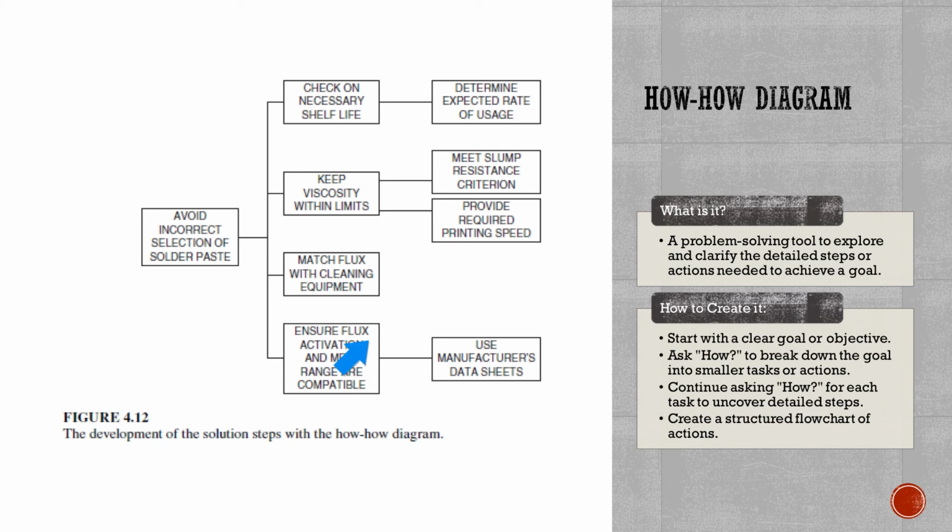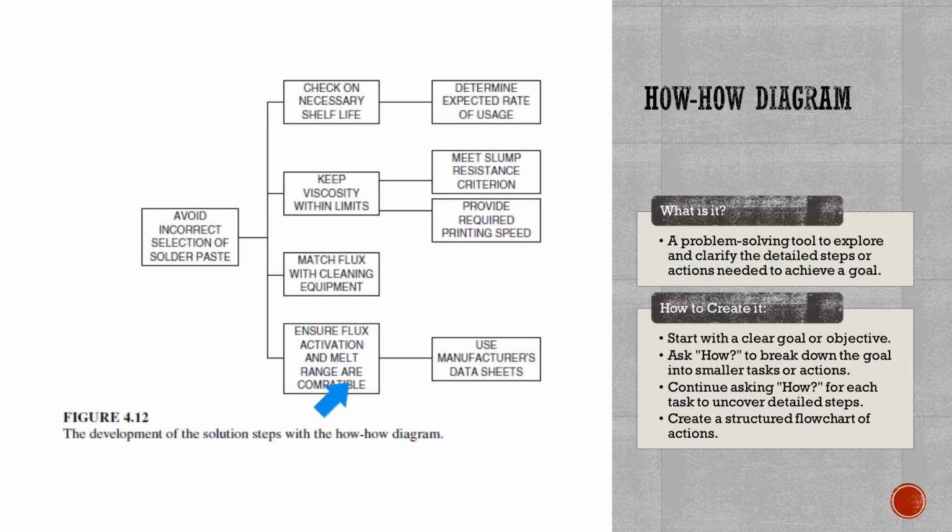And then, under the solution of ensure flux activation and melt range are compatible, how to ensure this? We can use the manufacturer's data sheet. All right, so with the how diagram, we ask how to get the solution.